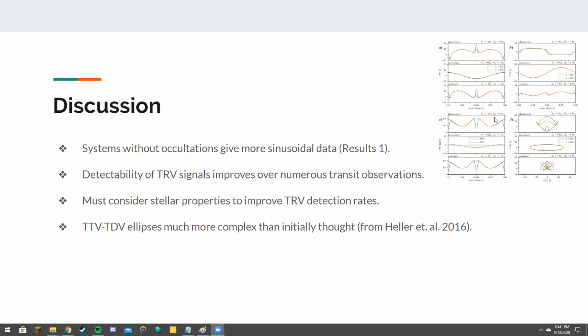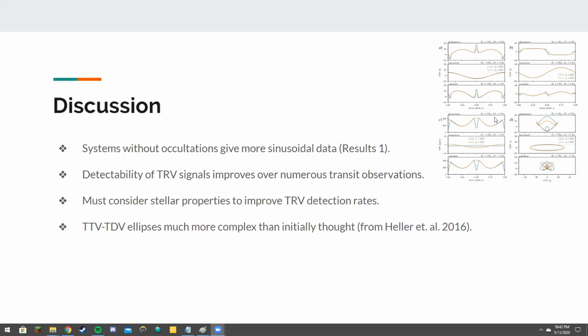And this result is really interesting because it tells us that the previous TTV and TTV-TDV methods that we've been using the past couple years may not be as effective as we thought, because previous methods described the TTV relationship and distribution as an ellipse, as just a simple relationship between each other.